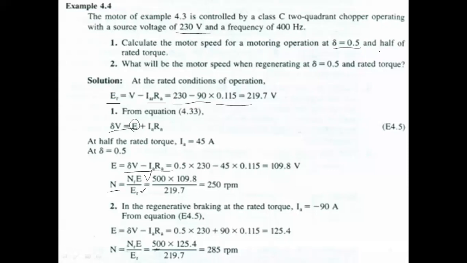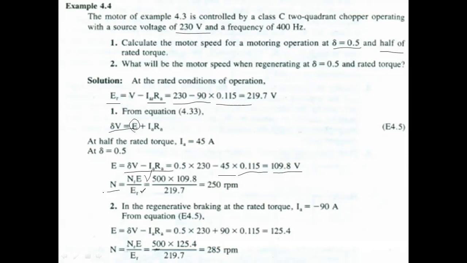So half of the rated torque means we have to cut the current into half. So 90 by 2, that is 45. So IA is 45 and R is as usual 0.115. So you will get E equal to 109.8 volts.